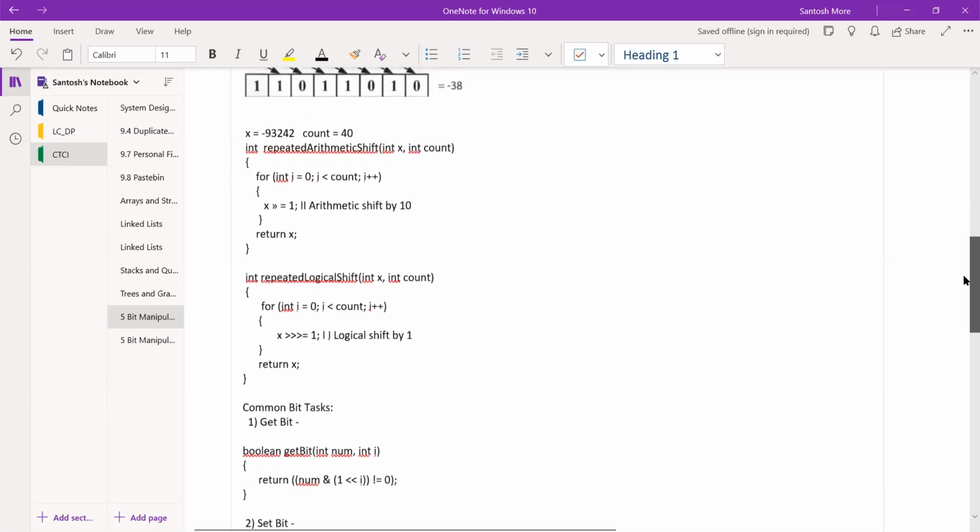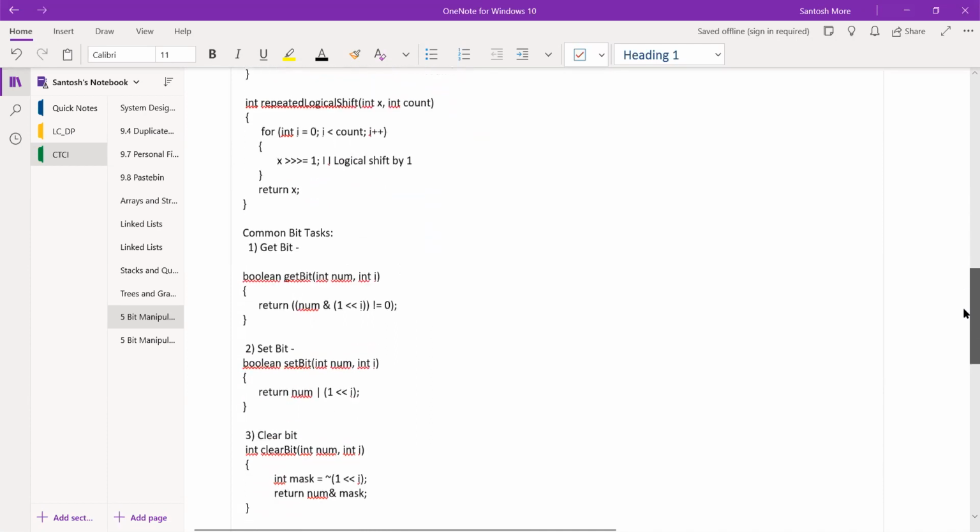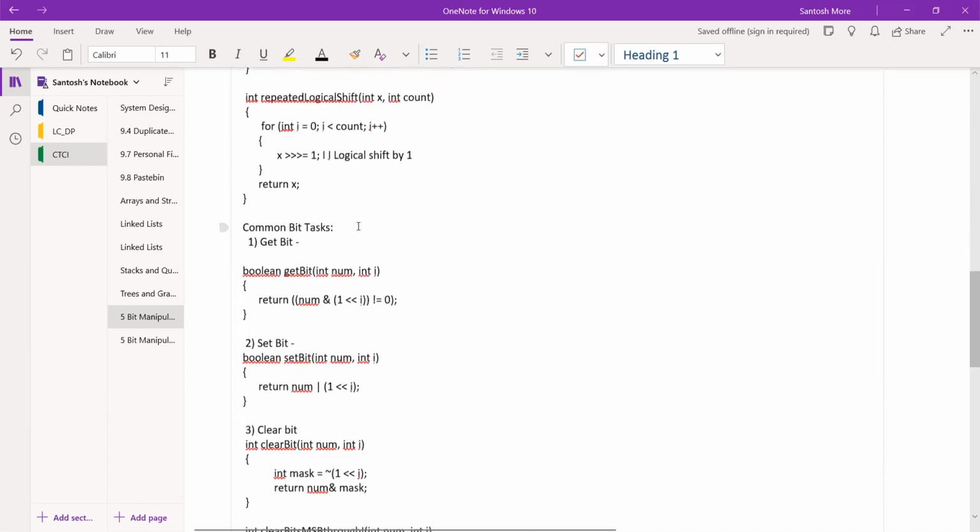Okay, so now some of the common bit tasks explained in this book, first is how to get a bit. This is also very simple. If we are given a number as a parameter and an index, which is i, how do we get that bit? We left shift 1 by this index, so we are at that particular index, and then we AND that with the number.